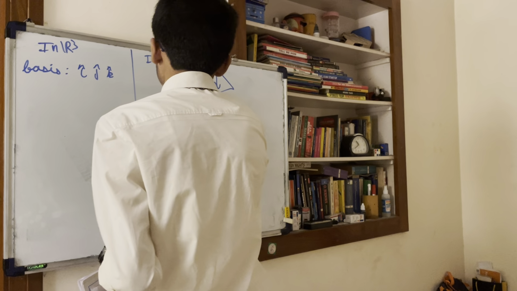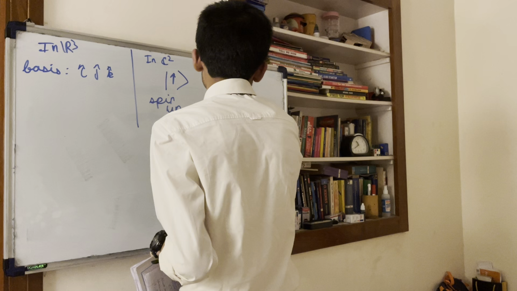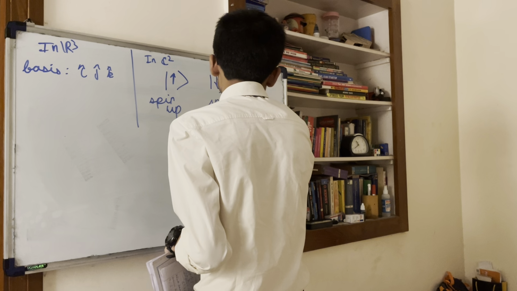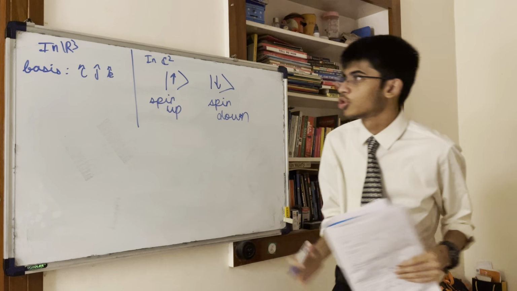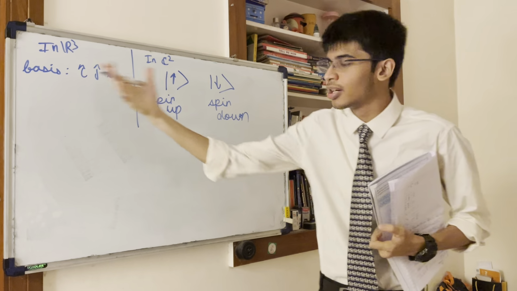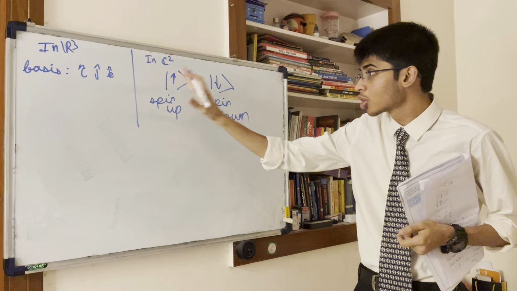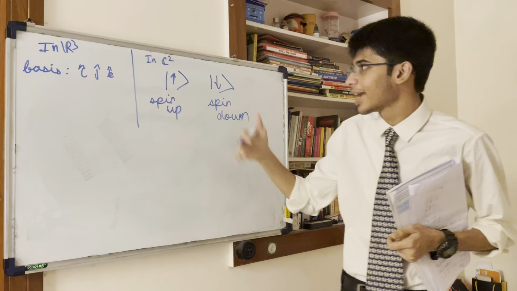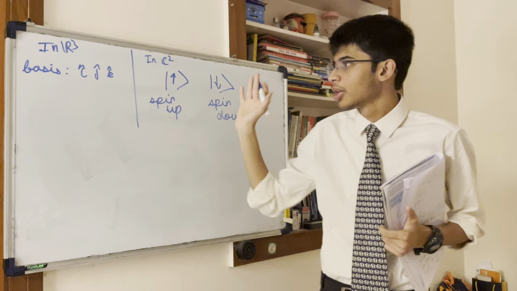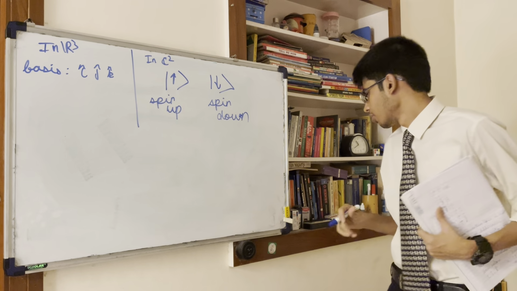This will be spin up and this will be spin down. So with i, j and k, we can get any real vector we want. With spin up and spin down, any linear combination of these two, we can get any quantum spin vector we want. So that is all we need. We just need these two.